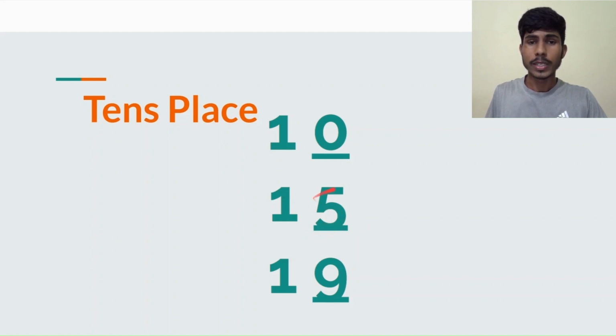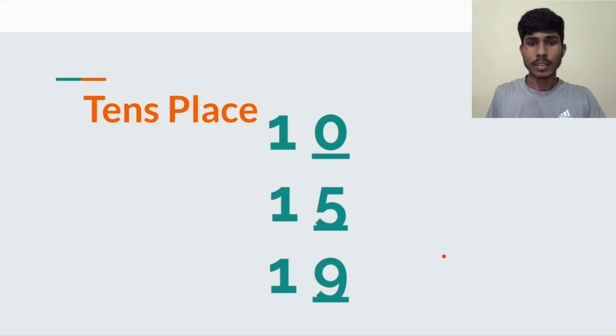This 5 is said to be in ones place. Again, if you consider another example, 19, the rightmost digit here is 9, and this 9 is said to be in ones place.